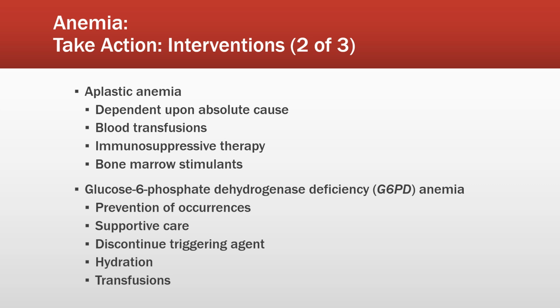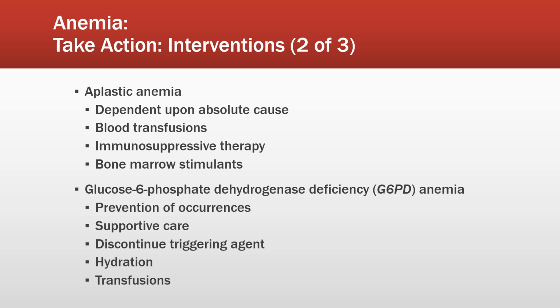Immunosuppressant therapy can also be added to the treatment regimen, as well as bone marrow stimulants like epoetin alpha. If the aplastic anemia is related to a drug, make sure that drug is discontinued.